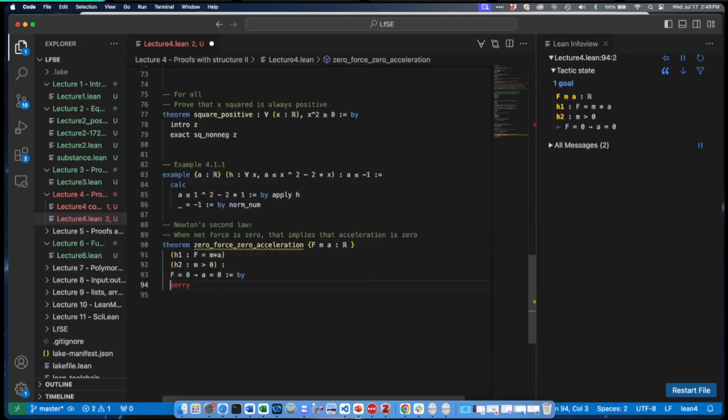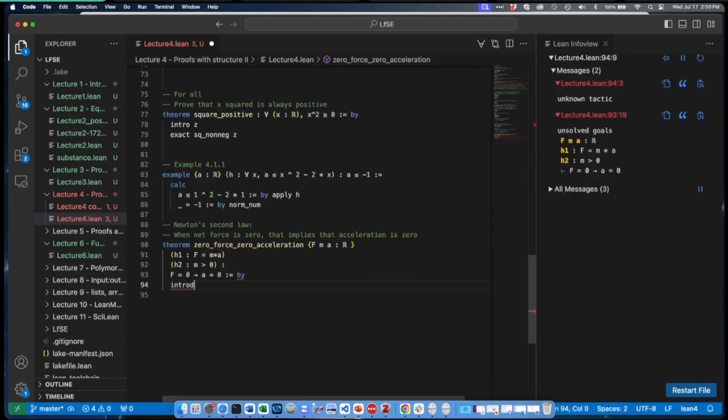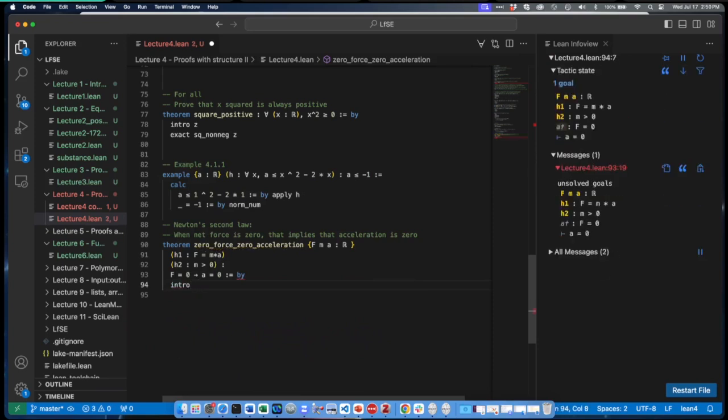Well, I didn't give you any tactics for implication type problems, but intros, I can intro. If I apply intros on this goal state, does intro do anything?